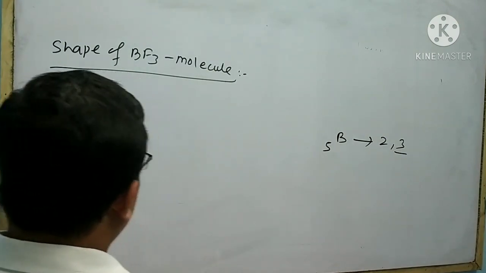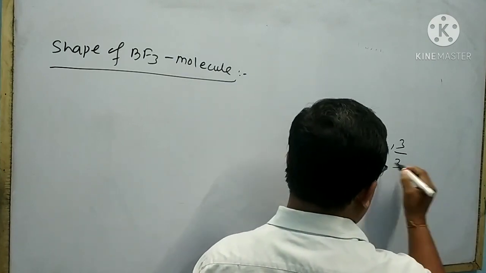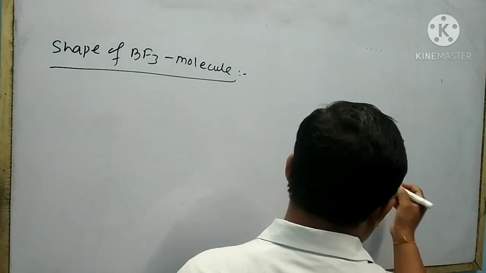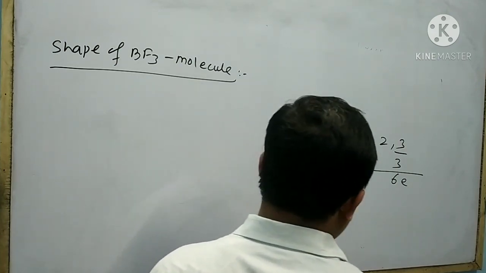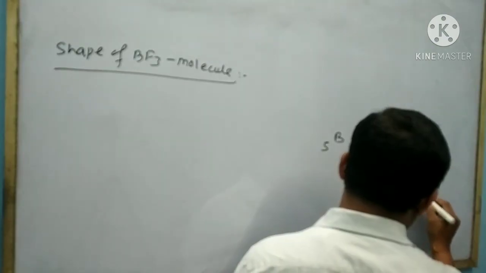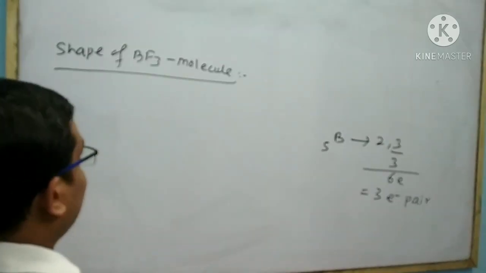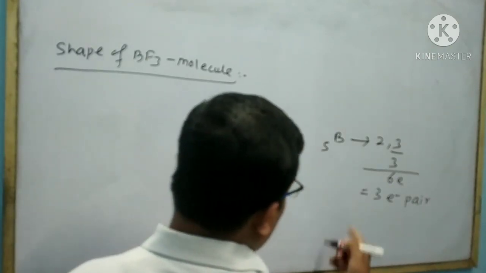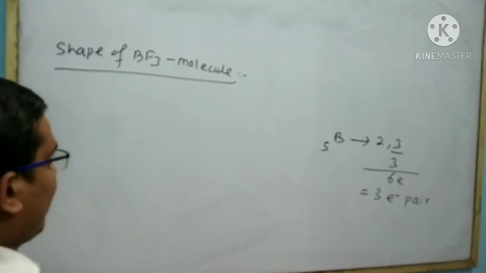So 3 fluorine atoms contribute 3 electrons. So here I can add 3 electrons. Now there are 6 electrons present. 6 electrons means 3 electron pairs. Since there are 3 fluorine atoms attached to the boron, the 3 electron pairs are considered as bond pairs.